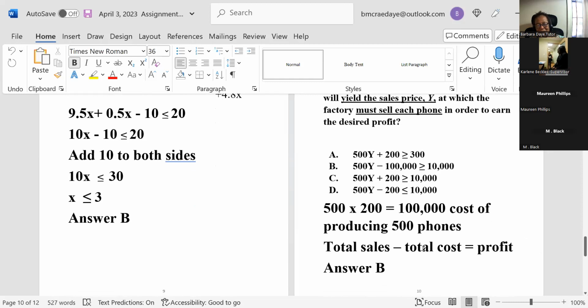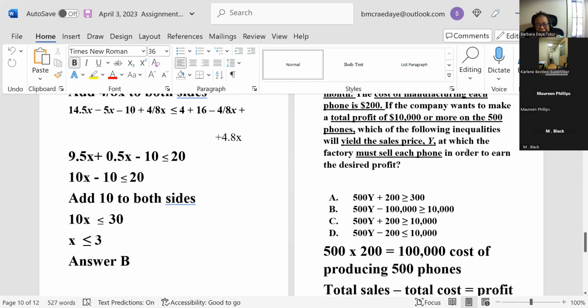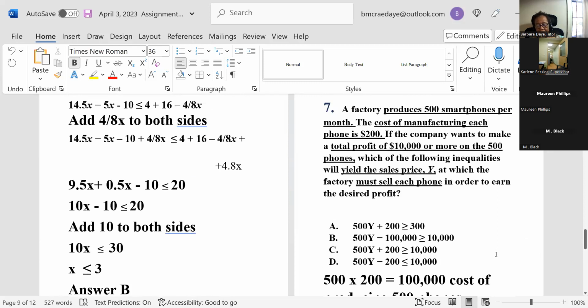That's the only one it could be. It has 500 times Y, the sales price of a phone, minus what it costs you to make those 500 phones. And that has to be greater than or equal to 10,000, because that's the profit you want to make. It said 10,000 or more, that's why it's got to be greater than or equal.